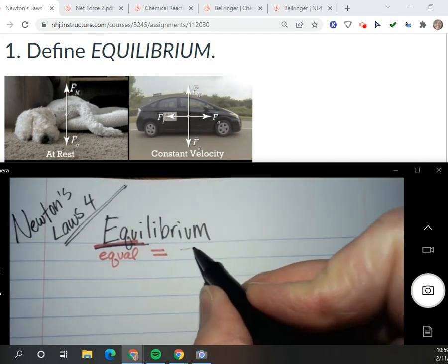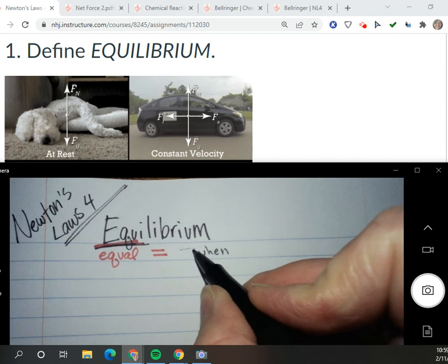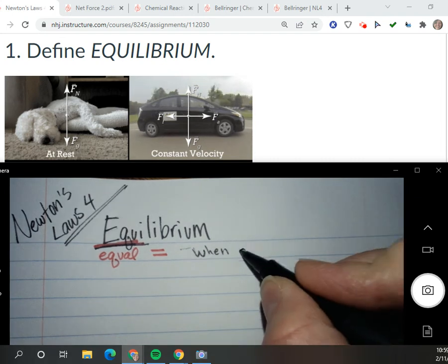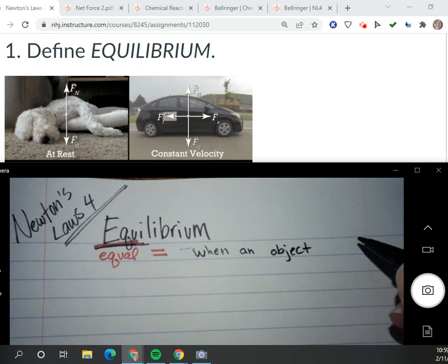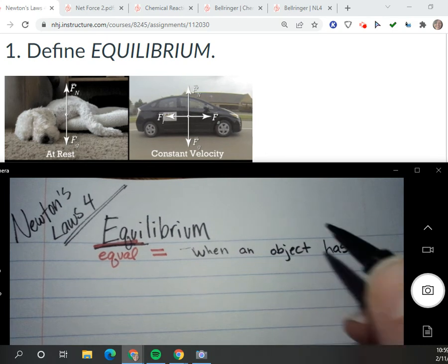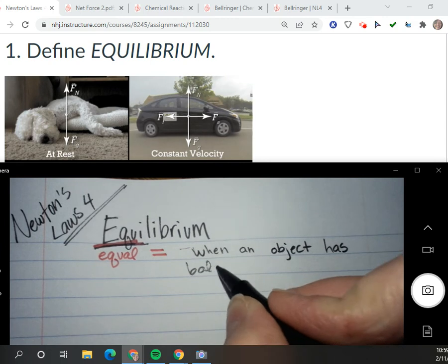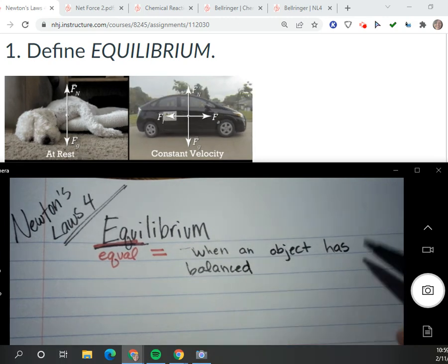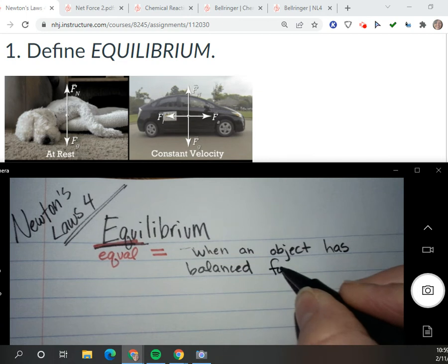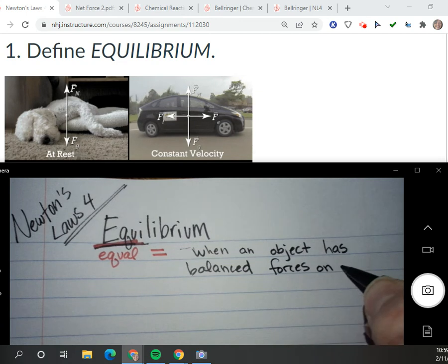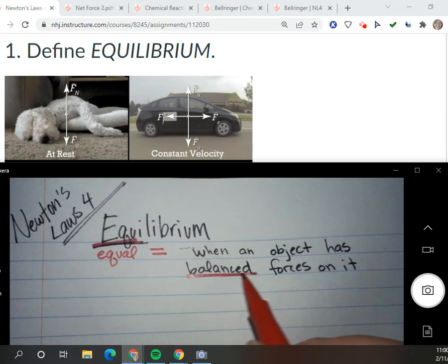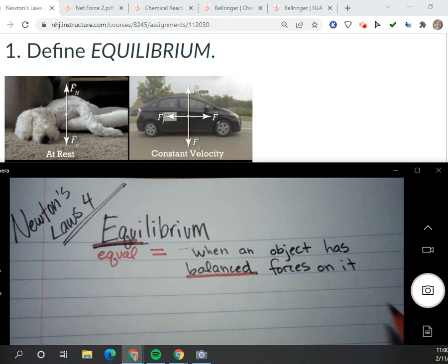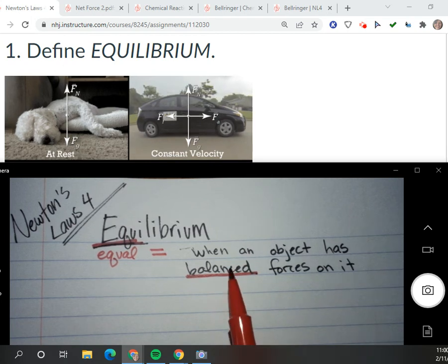So this is when an object, whatever object it is, has balanced forces on it. So balanced is the key. What does it mean to have balanced forces?